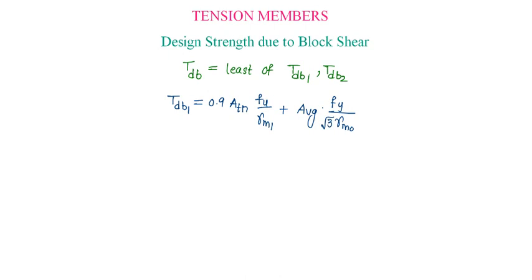Whenever shear is encountered, root 3 is divided. This is tension rupture and shear yielding.